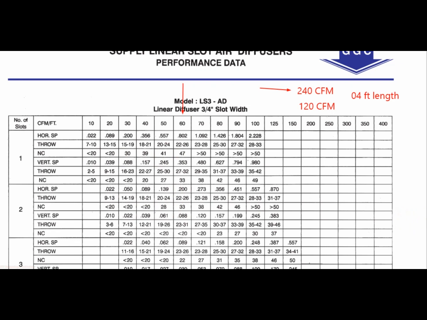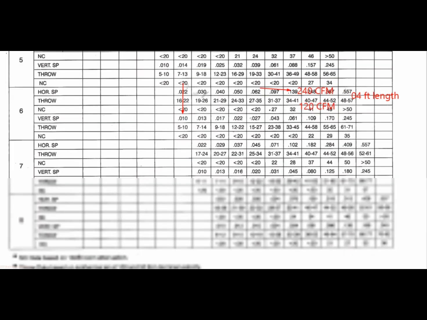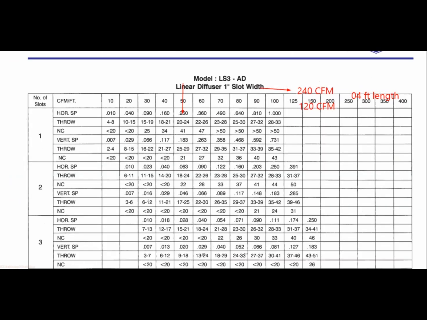Let us go to the 1 inch slot width. For 60 CFM per feet, NC value for two slots is 28. This is less than 30, so we will accept it, and the throw value is 22 to 26.